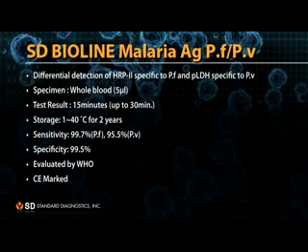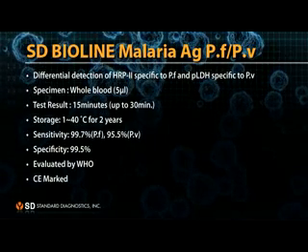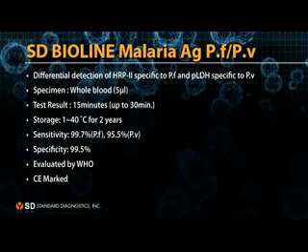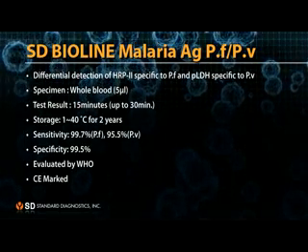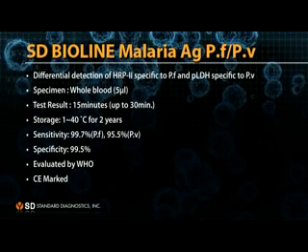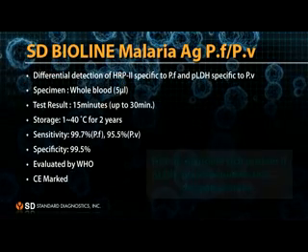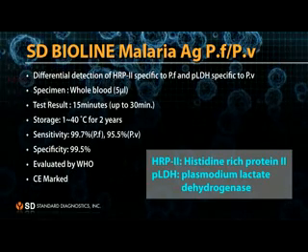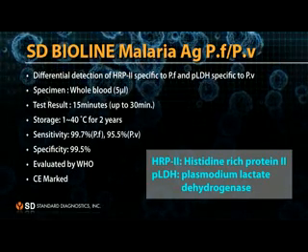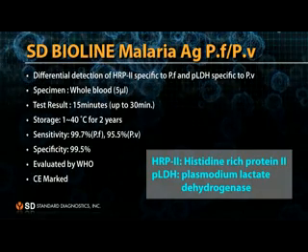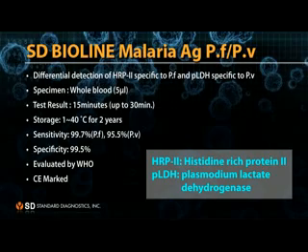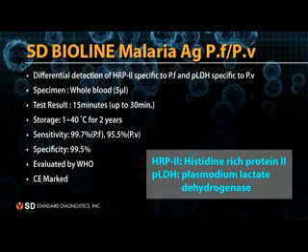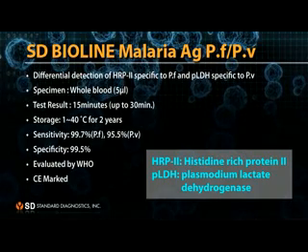It is for differential detection of HRP2 specific to Plasmodium falciparum and pLDH specific to Plasmodium vivax. HRP2 stands for histidine-rich protein 2. It is a unique protein released by Plasmodium falciparum. Also, pLDH, Plasmodium lactate dehydrogenase, is an enzyme produced by malaria species in common.